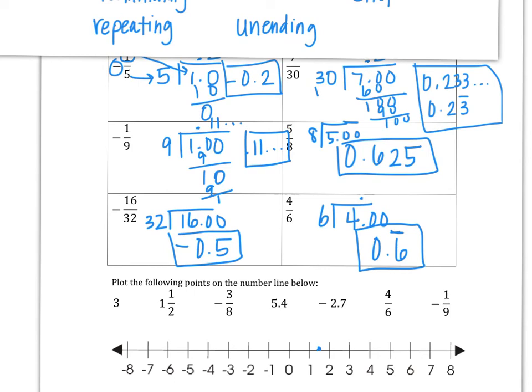So our negative is right here, our -1. 3/8 is less than that, so it's going to be between 0 and -1. It's less than 1/2, so it's going to be just a little bit before the 1/2. It would be about right there.